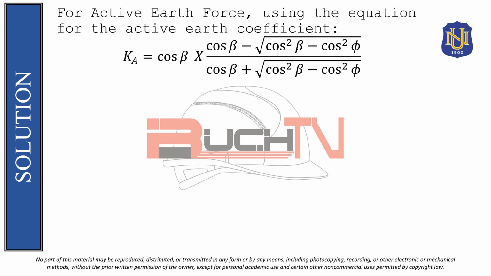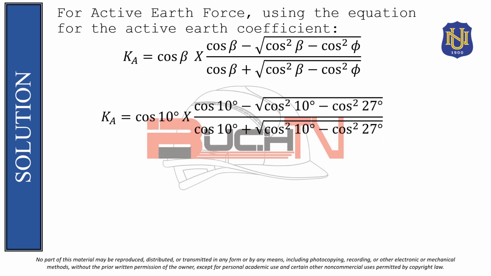So we will substitute the value beta, which is equal to 10 degrees, and the angle of internal friction phi equal to 27 degrees. So we will have cosine of 10 degrees times cosine of 10 degrees minus square root of cosine squared of 10 degrees minus cosine squared of 27 degrees, divided by cosine 10 degrees plus square root of cosine squared of 10 degrees minus cosine squared of 27 degrees.